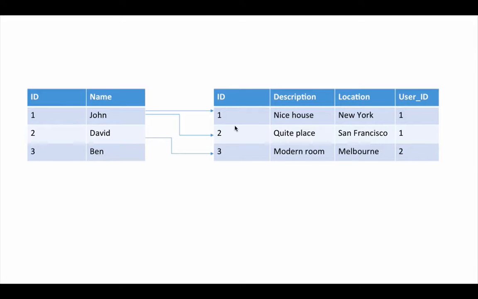So for example, room 1 and room 2 have user ID 1, and that means John is the owner of these two rooms because the ID of John is 1. Similarly, we've got user ID 2 in room 3, and that means David is the owner of this room, and Ben has no room at all. That's very easy to understand.